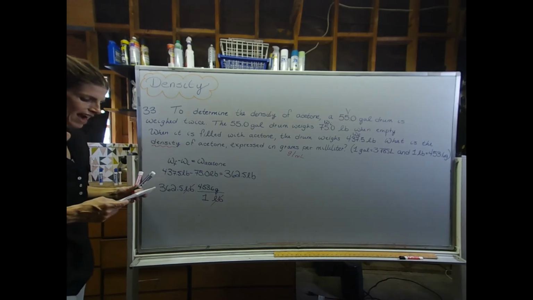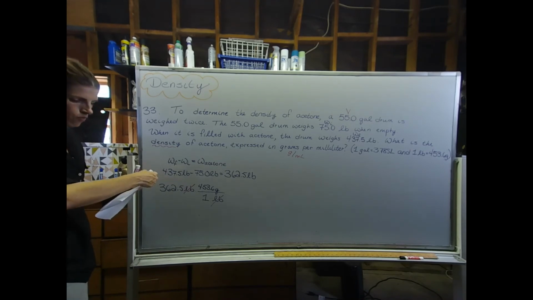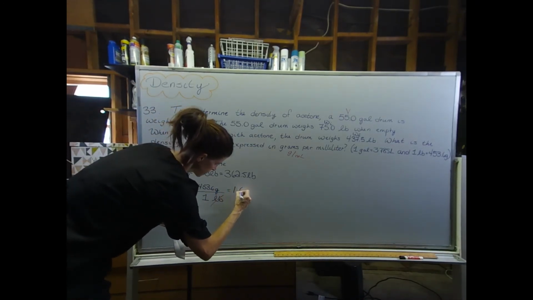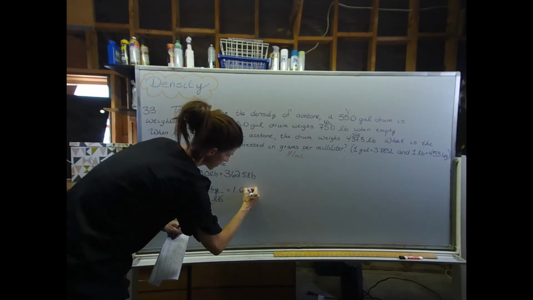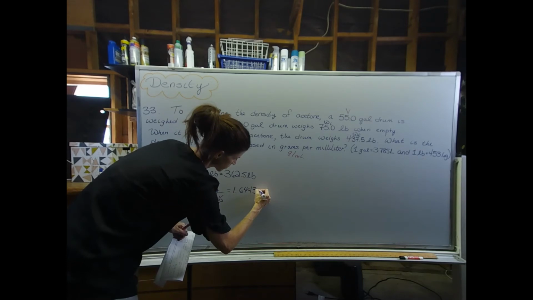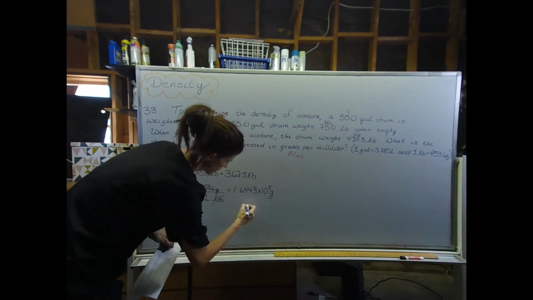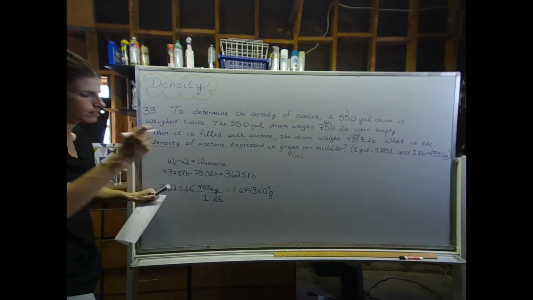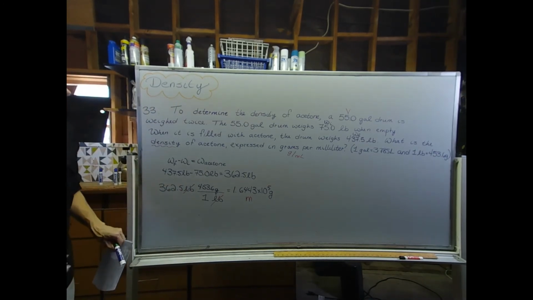And when I did that, I got a mass in grams of 1.6443 times 10 to the 5th grams. Alrighty, and actually let me put a big M next to that to remind me that this is the mass I'm going to use when I finally get to calculating my density.